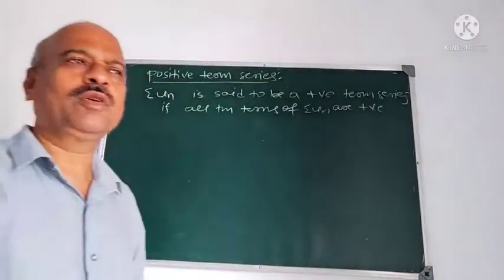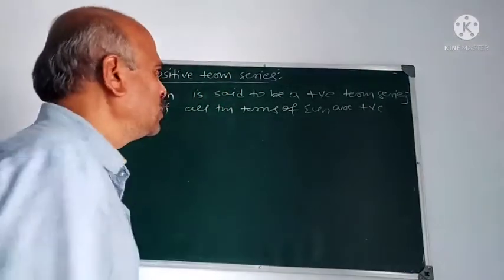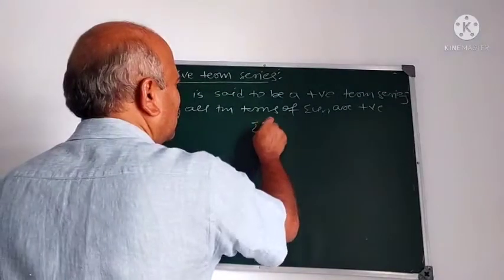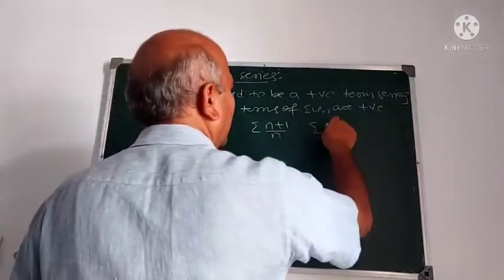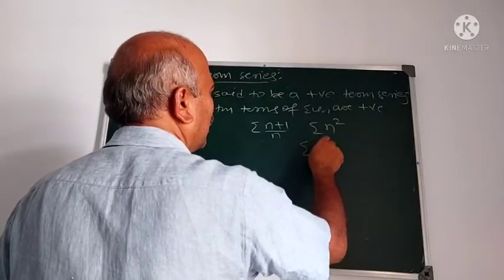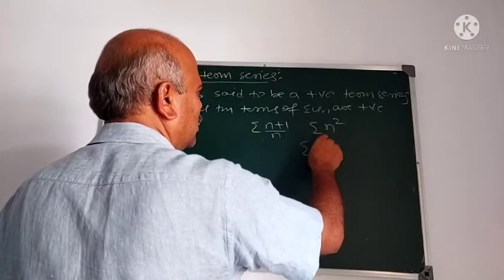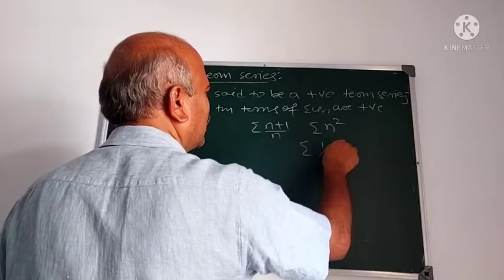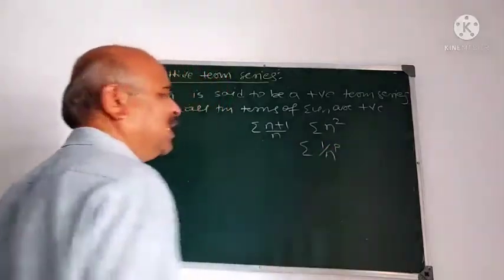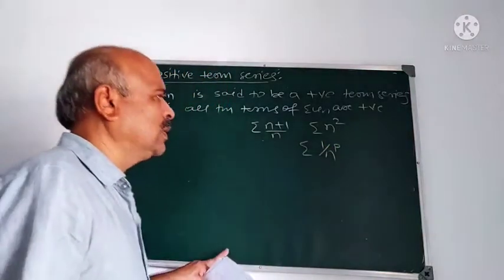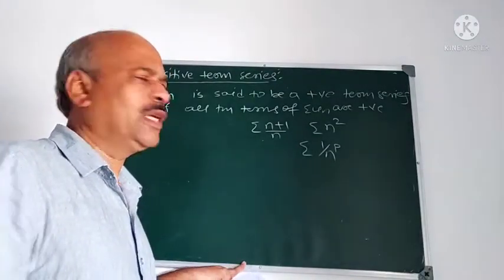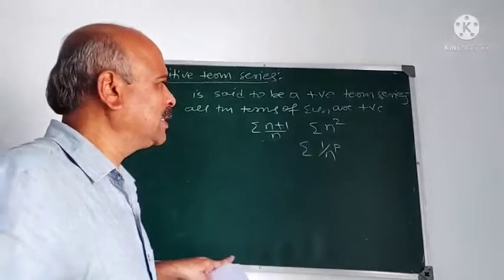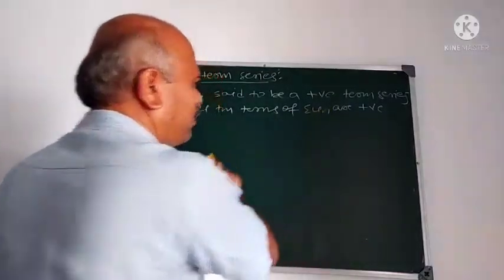For example, sigma (n plus 1) by n, sigma n square, sigma 1 upon n raised to p, where p is any real number, positive, negative or 0. These are examples of positive term series.